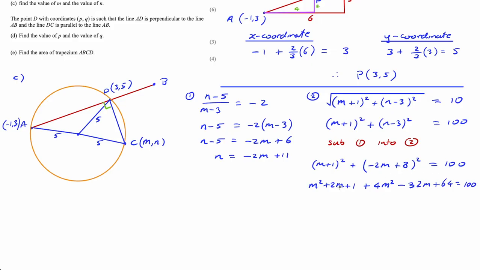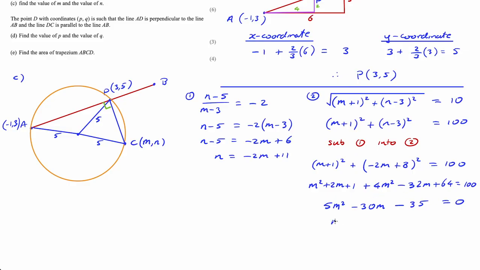Then I have 5m squared minus 32 plus 2 is minus 30m, 64 plus 1 is 65, minus 100 is minus 35 equals 0.